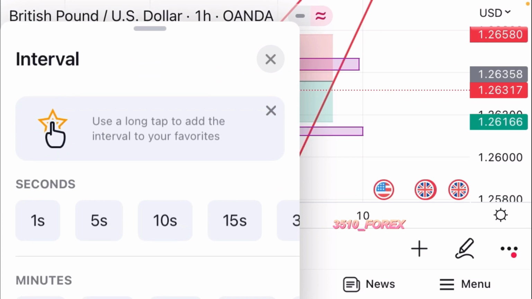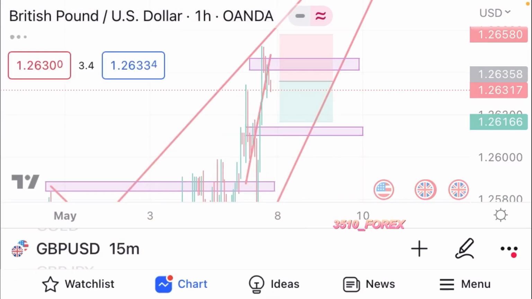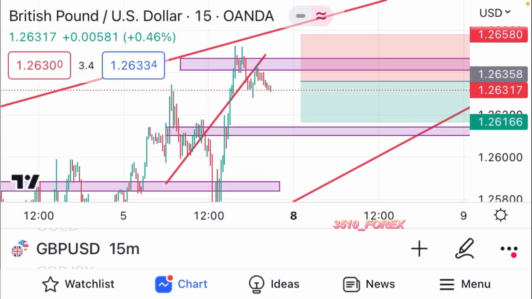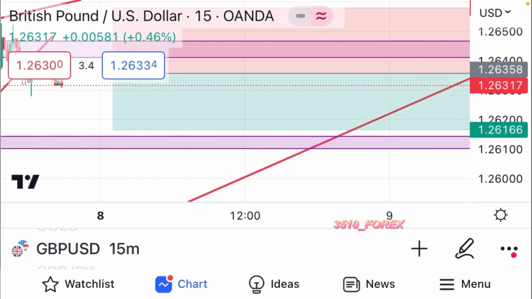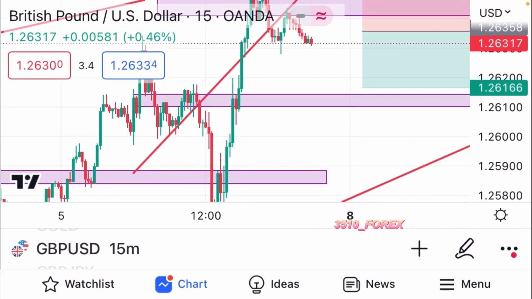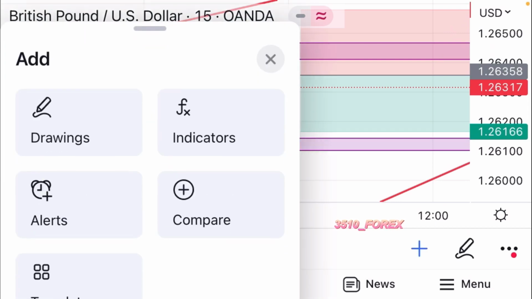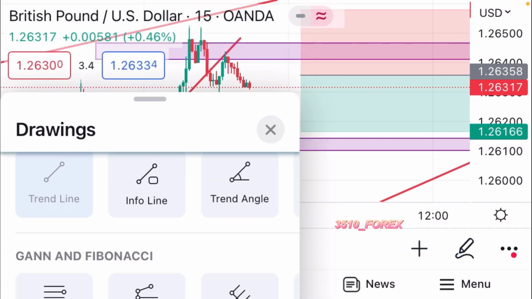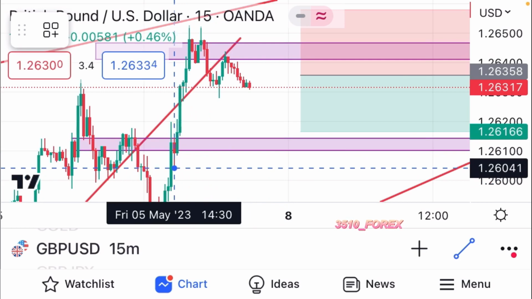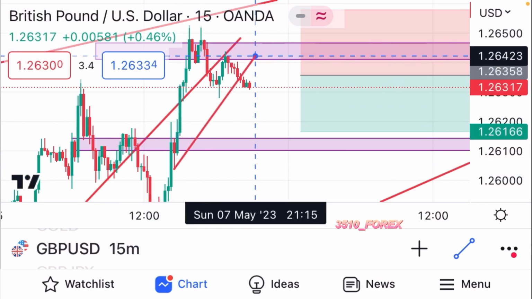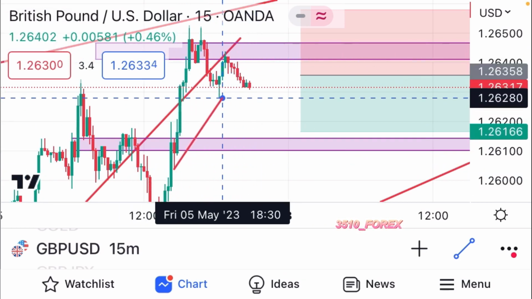GBPUSD, and let me check on M15 if there is a confirmation for a sell, because if there is a confirmation for a sell on M15, then I'll be entering. Let me see, let me use this as my touch 1 and use this candlestick right here as my touch 2.